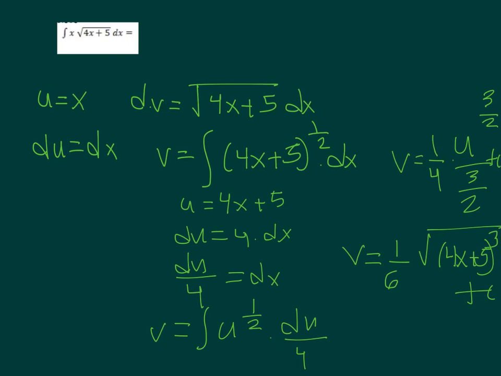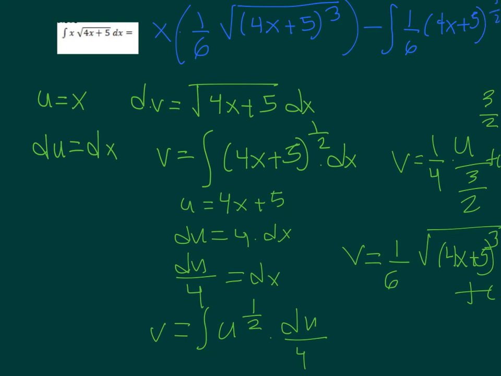So let me rewrite the function in terms of u and dv. That will be u times v, that is x times 1/6 of the square root of 4x plus 5 cubed, okay, u times v minus the integral of v, 1/6, I'm going to write 4x plus 5 to the 3/2 times du, which is dx.